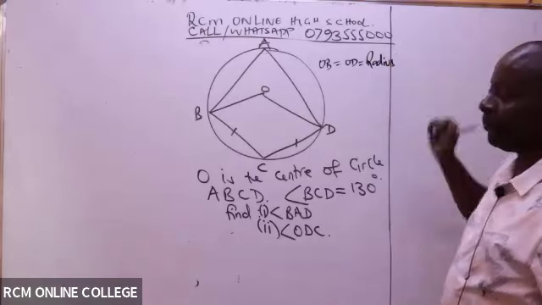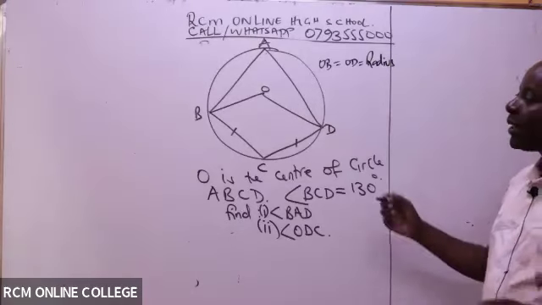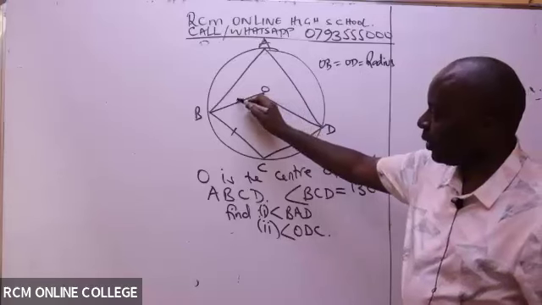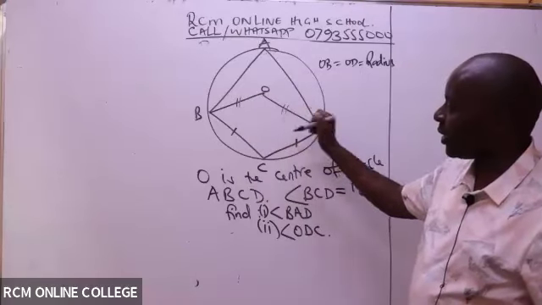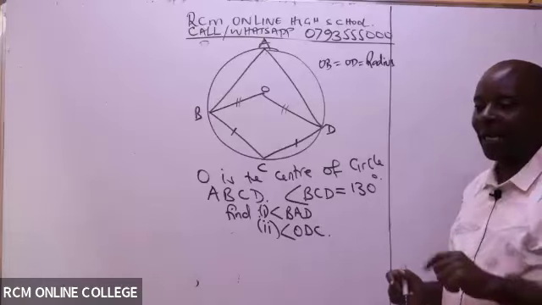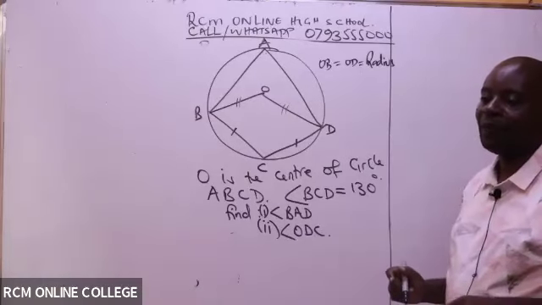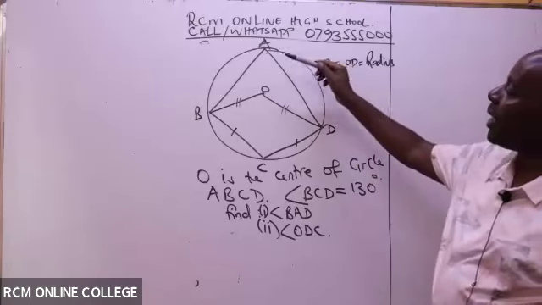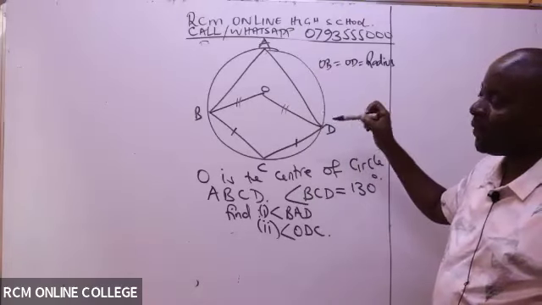They must be equal. This is equal to this, because they are radiuses, what we call radii. That's very, very important.